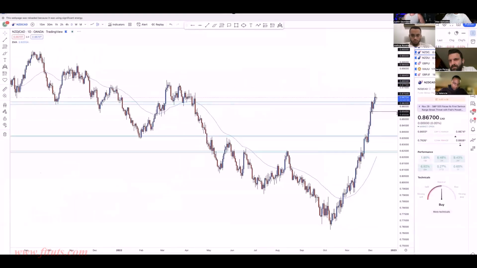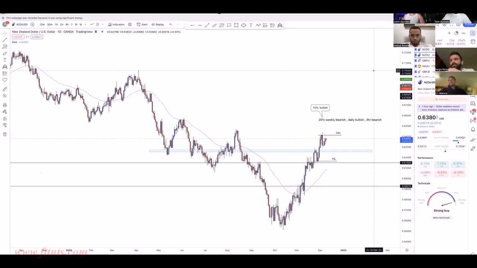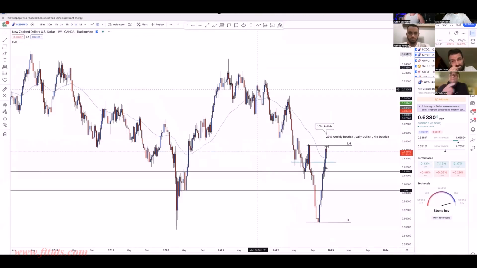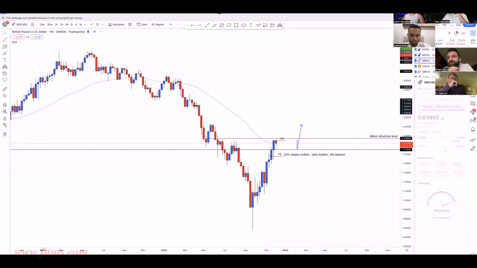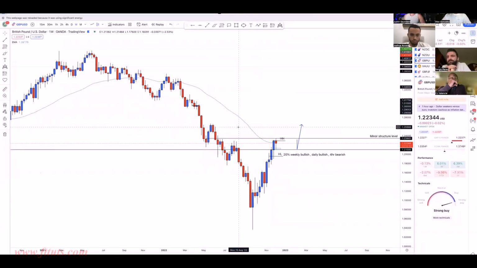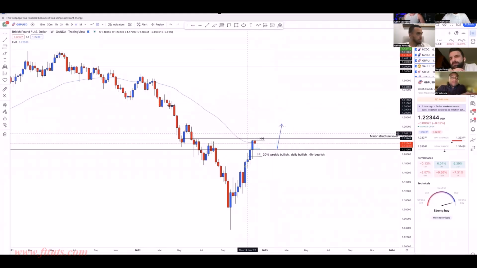All right, so let's go to an example that is bullish. So let's start off here on the weekly time frame. Let's see right here, right? So is this time frame bullish or bearish?